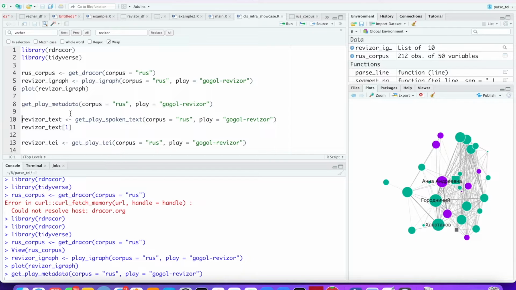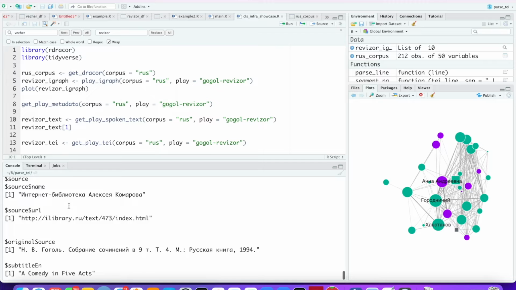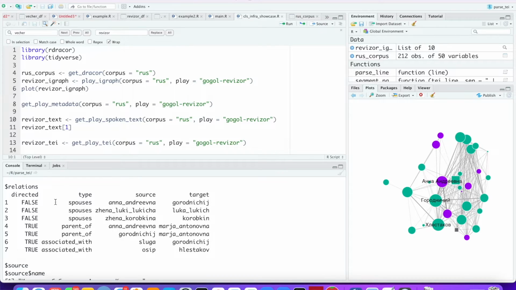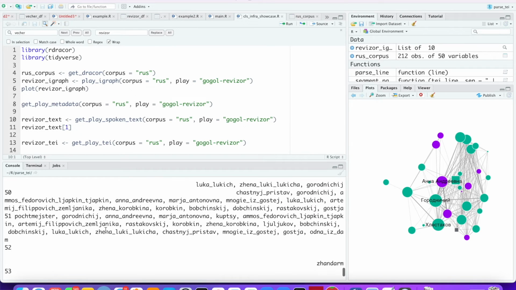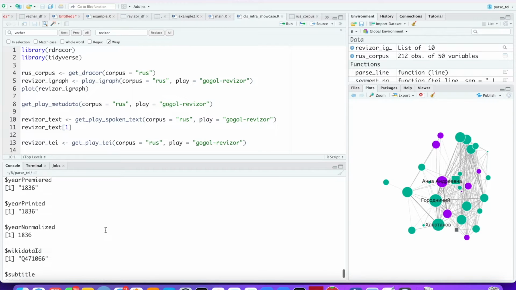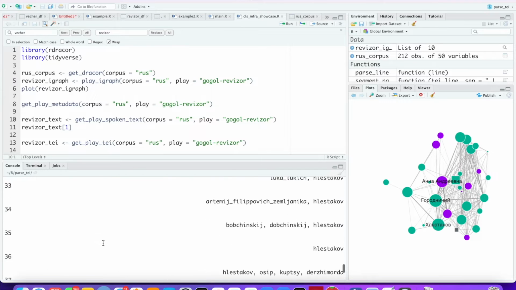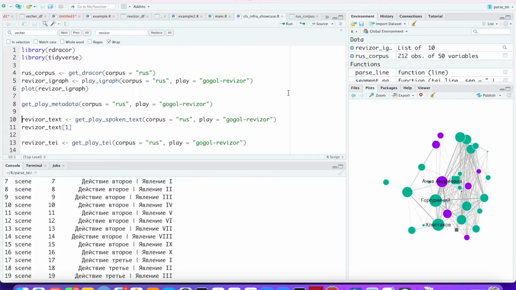Okay, you can also use some other functions that are wrappers on API functions in the package. With getPlayMetadata, you can get, for example, relationships between characters and some additional information that you can't find in the main data frame for a corpus.